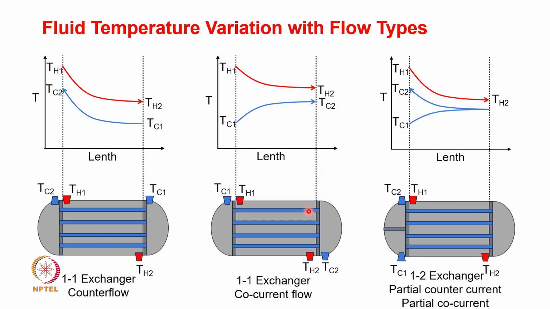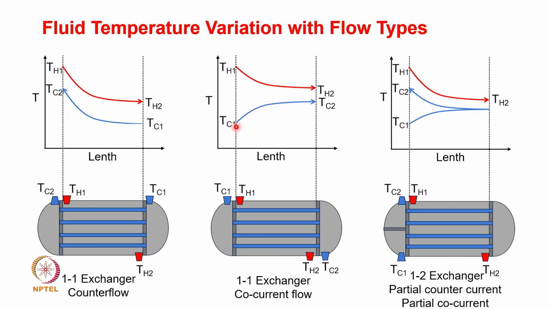Now what we can see here is the co-current flow, which essentially means that both the fluids are flowing in the same direction. Look at how Th1 flows here. Th1 comes inside and exits, and Tc1 of course passes through the tube in the same direction and exits through here with the temperature Tc2. And these plots are between the length of the heat exchanger and the temperature.